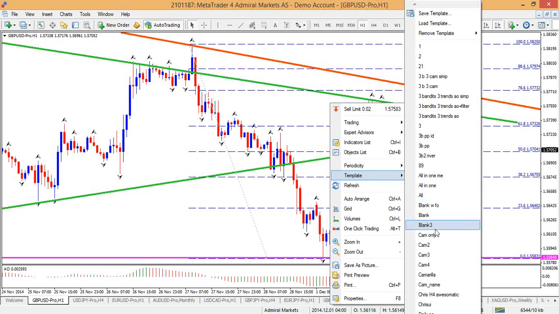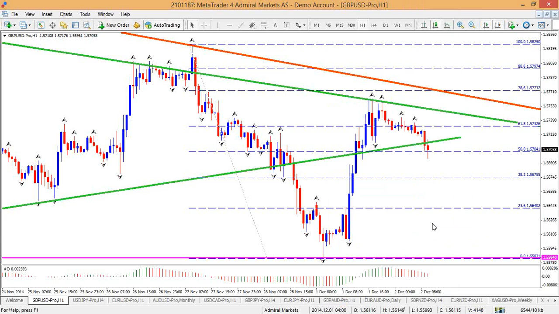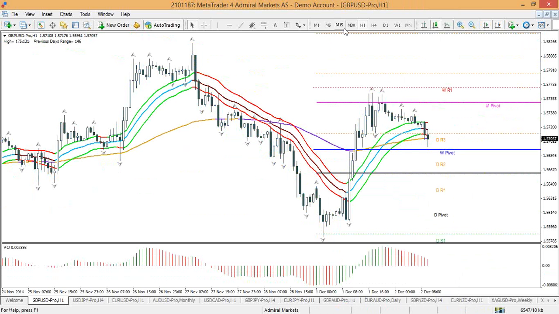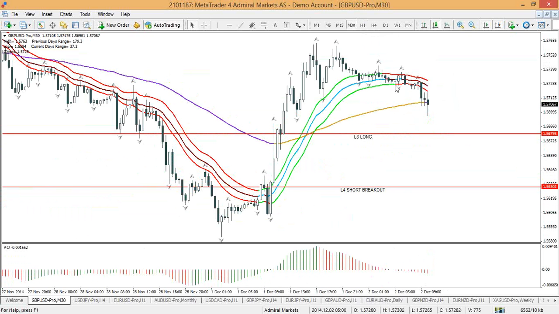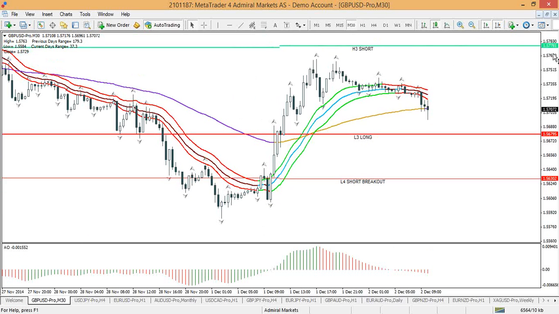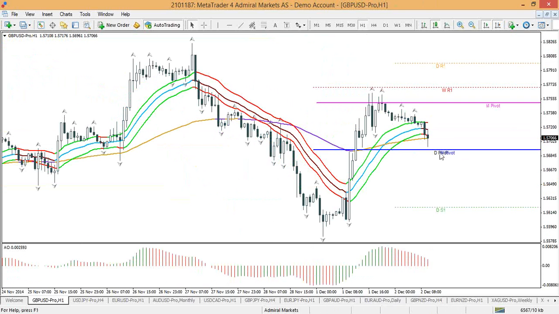Let me take a look at Camarilla levels with you. Let's see, we have an L3 here lower. It's quite a wide L3, H3. We also have a daily and weekly pivot point.